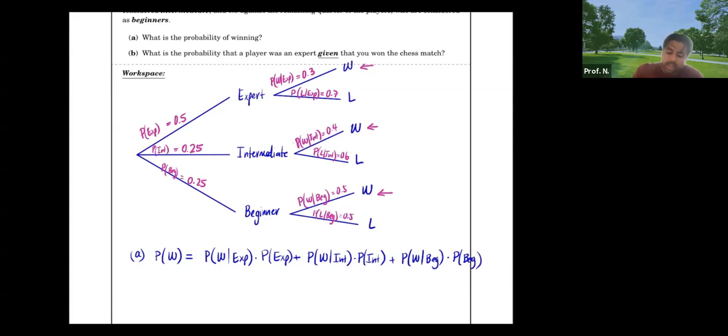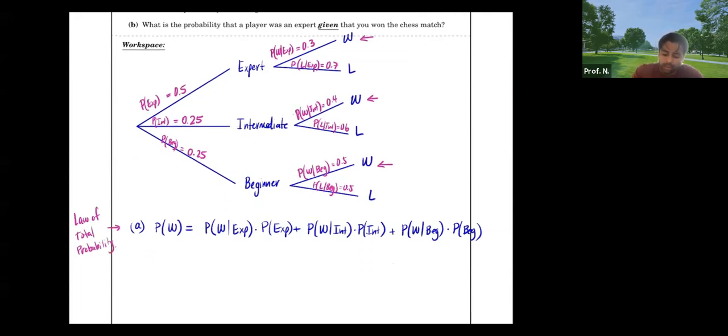Are you guys understanding now? I hope so. The law of total probability. That's what's happening every single time that you use this idea of Bayes' formula. You're really utilizing the law of total probability every time.